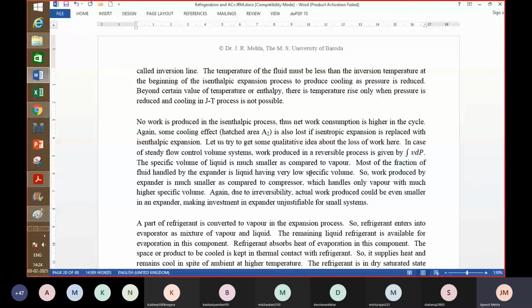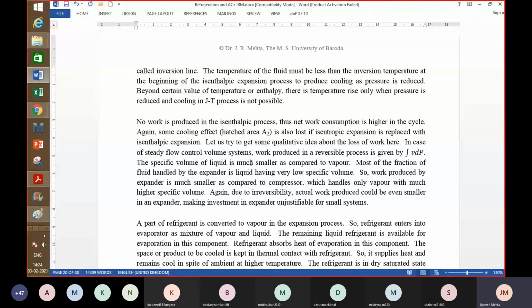Liquid has a very low specific volume. So the specific volume of liquid is much smaller as compared to vapor, and most of the fraction of the fluid handled by the expander is liquid, having very low specific volume. So even if you used an expander, it would not produce very significant amount of work.